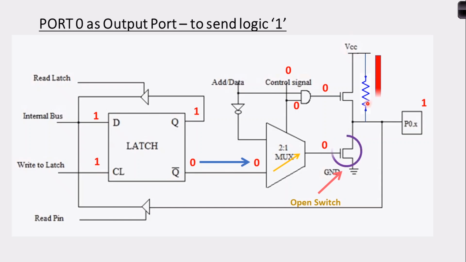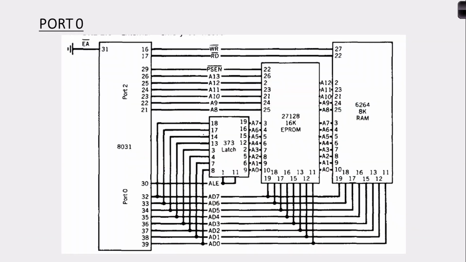That is why we call this particular resistor a pull-up resistor. That is why if you want to use your port 0 as an input port and an output port, the port should always be connected to VCC with a pull-up resistor. So this is how we are going to send logic 1 to port 0.